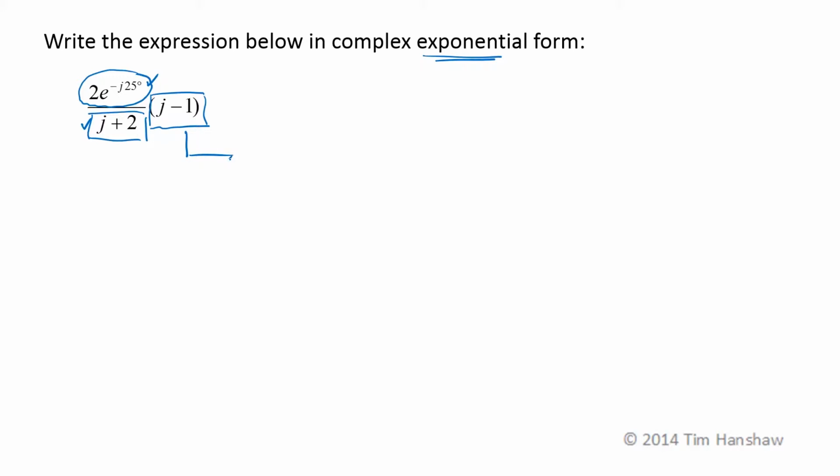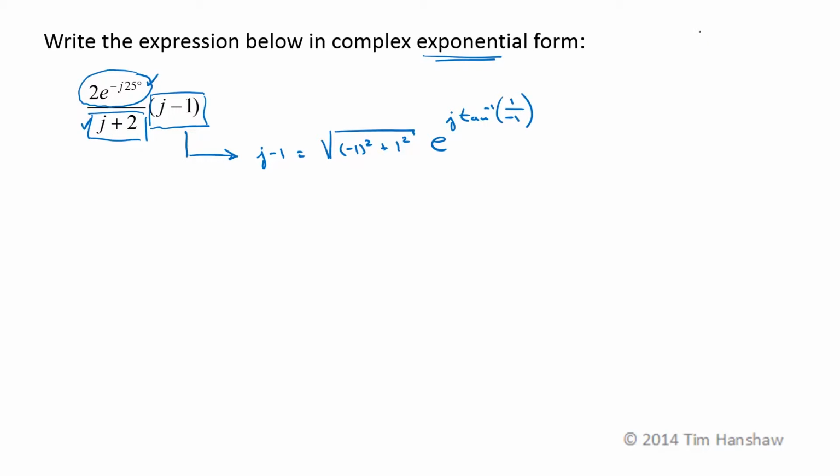So converting j − 1 to polar form, j − 1 has a magnitude that's the square root of the real part squared, which is −1, plus the imaginary part squared, which is 1. And it has an angle e to the j inverse tangent of the imaginary part, which is 1, over the real part, which is −1.